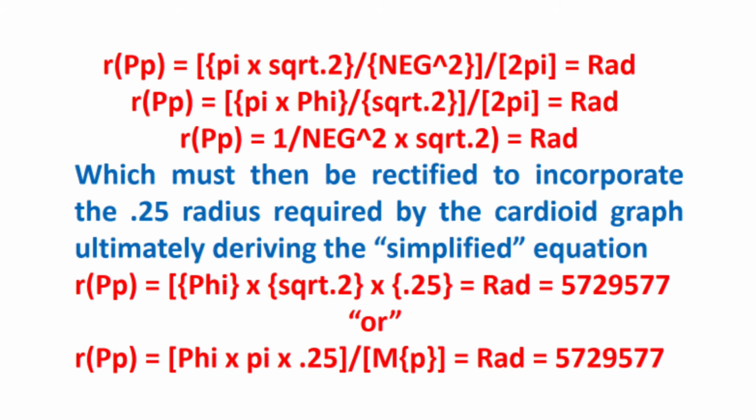This simplification must then be rectified to incorporate the 0.25 radius required within the cardioid graph, ultimately deriving the simplified equation of phi times square root 2 times 0.25, again equaling 1 rad.